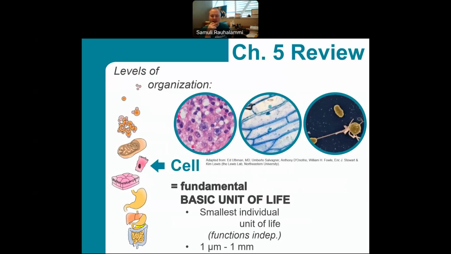So we have some simple organisms that are nothing more than just a single cell. But we're also going to have multicellular organisms such as us. When we study humans, obviously we are made of many cells, and many cells that work in different manners to accomplish the whole goal of producing the human organism.